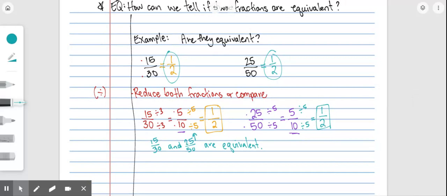Okay, so that's how you test if two fractions that you're given are equivalent. You reduce them as low as you possibly can and see if they're the same. If they are the same, then they're equivalent, and if they're not the same, then they're not equivalent.